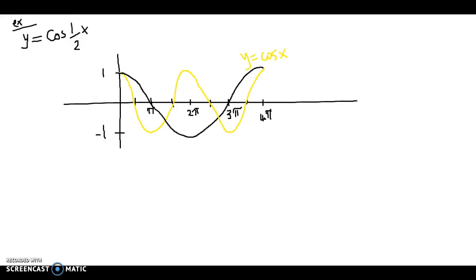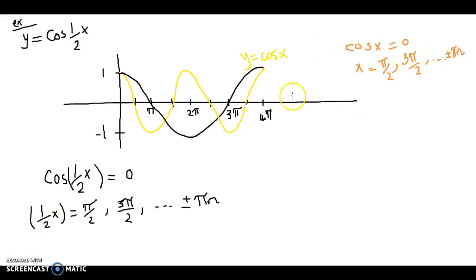And again, we'll look at it algebraically to determine the new zeros of the graph, because that coefficient is the coefficient of x, and it will affect the period, which is along the x-axis. So originally, cosine x was equal to 0 when x was pi over 2, here on the yellow graph, the original cosine x, 3 pi over 2, and then every pi from there forward and backwards.